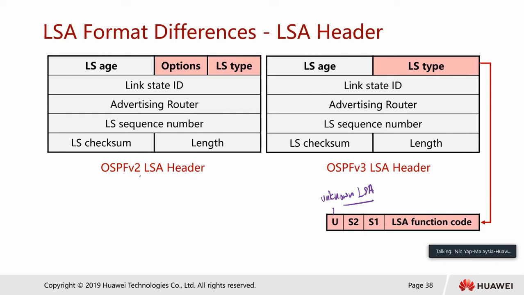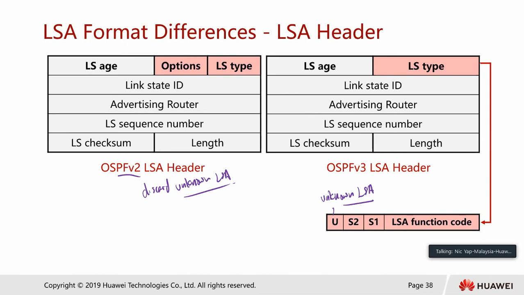For OSPF v2, they did not handle it, they will just discard all the unknown LSA. But OSPF v3 has this capability with the U bit of 0 or 1. When the value is 0, it indicates that the unknown LSA is processed as an LSA with link-local scope.